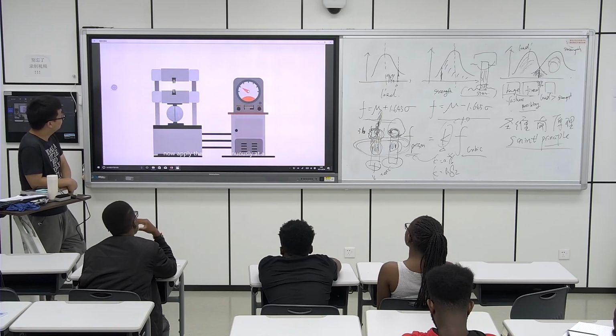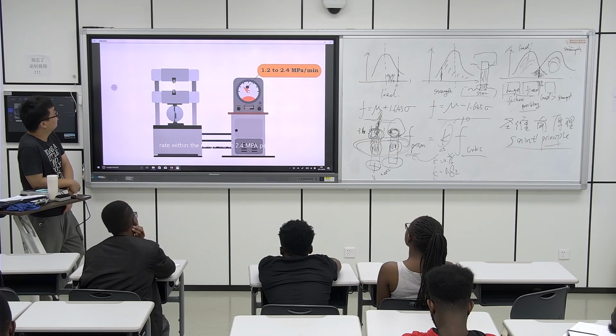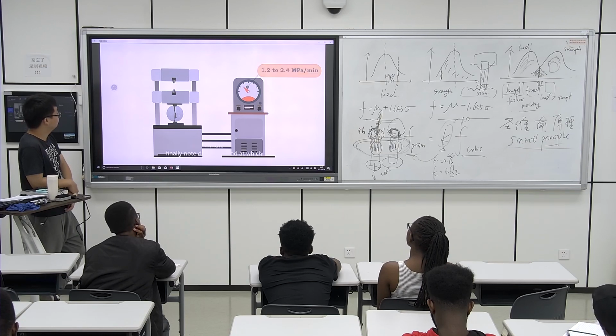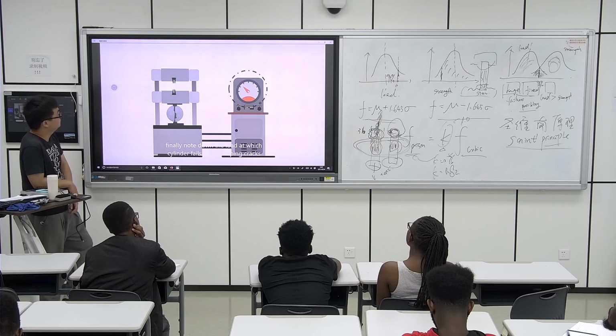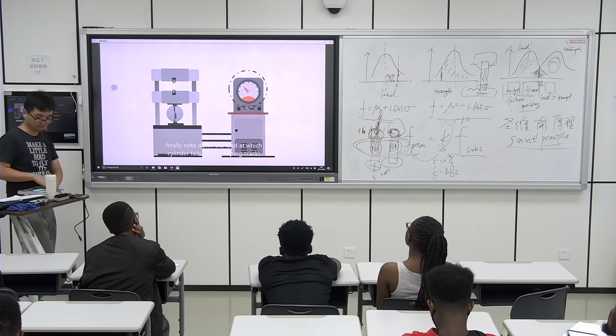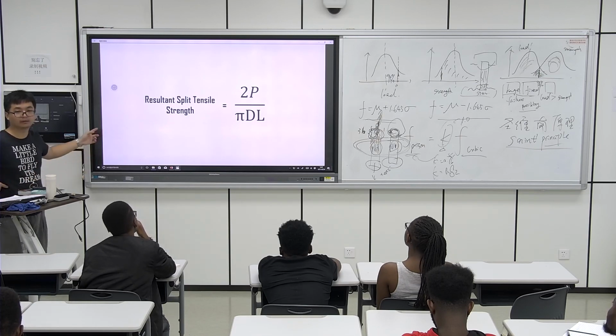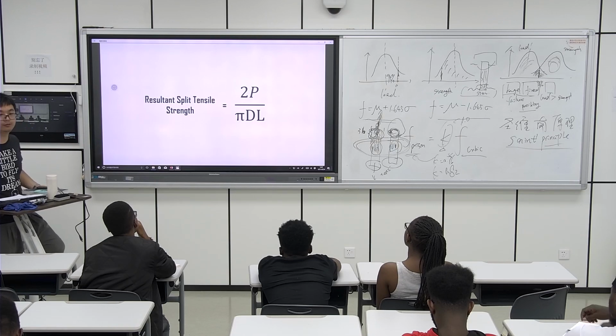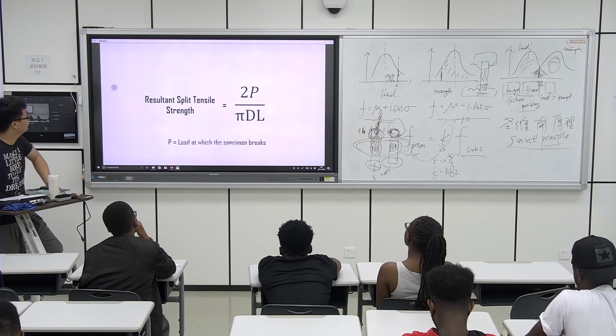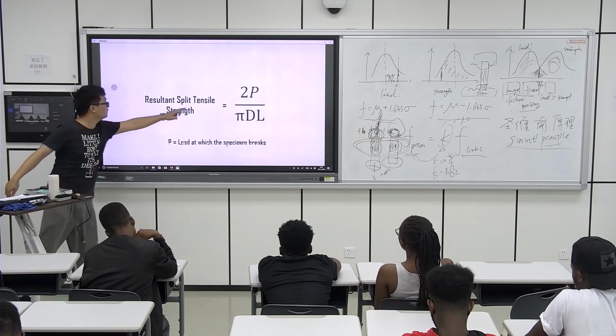Now, apply the load continuously at a rate within the range of 1.2 to 2.4 MPa per minute. Finally, note down the load at which the cylinder fails by developing cracks. The resultant split tensile strength is calculated by the equation 2P divided by pi into D into L, where P is equal to the load at which the specimen breaks.